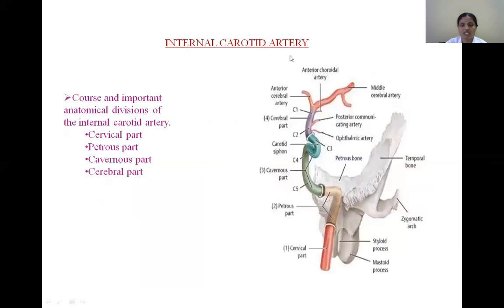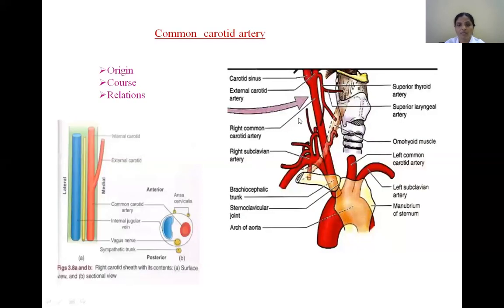Then what is the internal carotid artery? Here you see each common carotid artery bifurcates into external and internal. The internal carotid artery is lateral, whereas the external carotid artery is anteromedial to the internal carotid artery. But why are these arteries named internal and external carotid arteries?